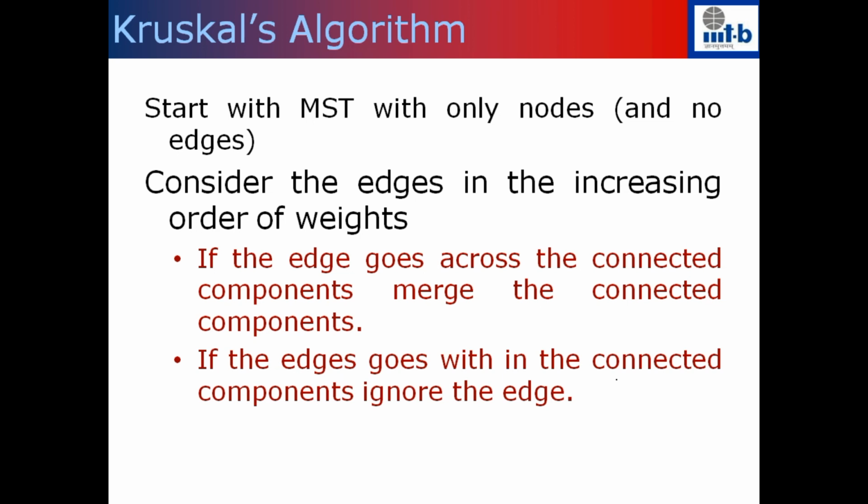In other words, take this edge into the collection of MST. If the edge goes within the same connected component, and I end up adding this into the connected component, then this will create a cycle. So we will not have an MST at the end of the algorithm. So if it goes within the connected component, we'll just ignore it. If it goes outside the connected component, we will take that as part of the MST. Let's just quickly look at an example.